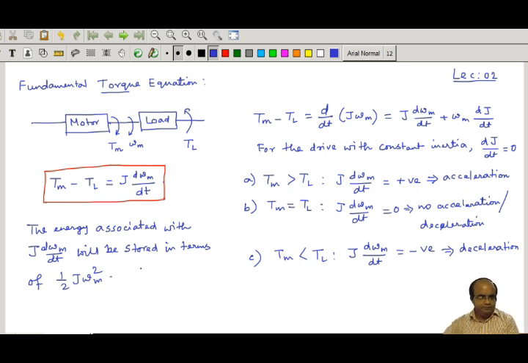Now this is all about the fundamental torque equation of the motor and load.